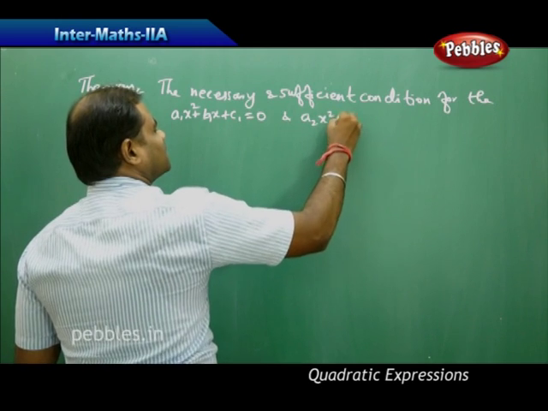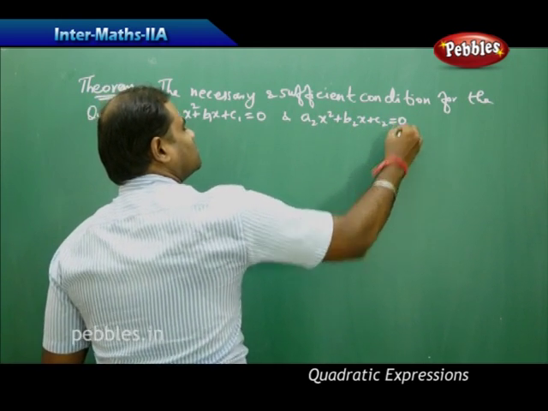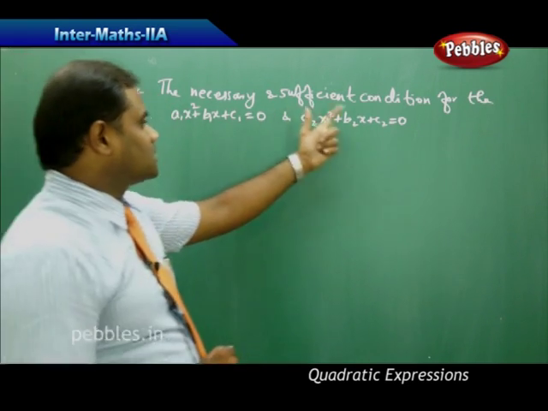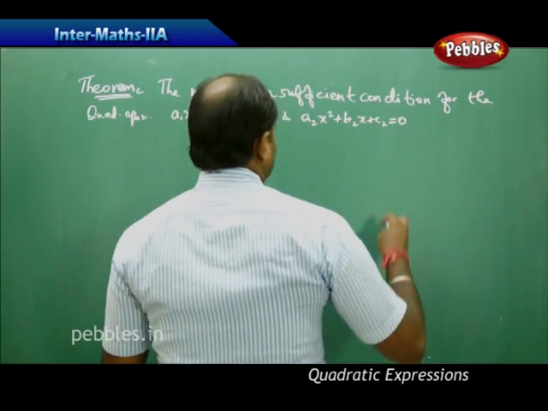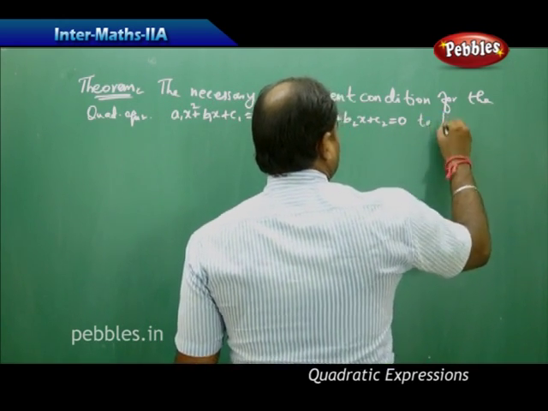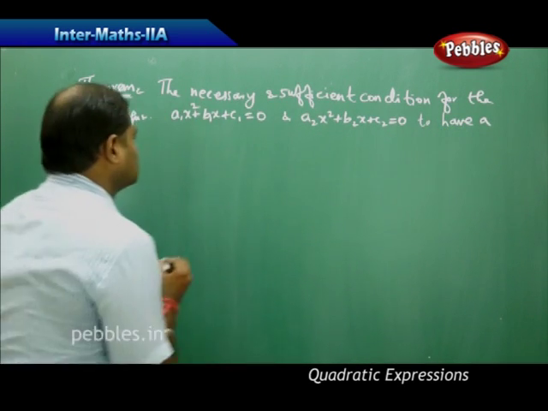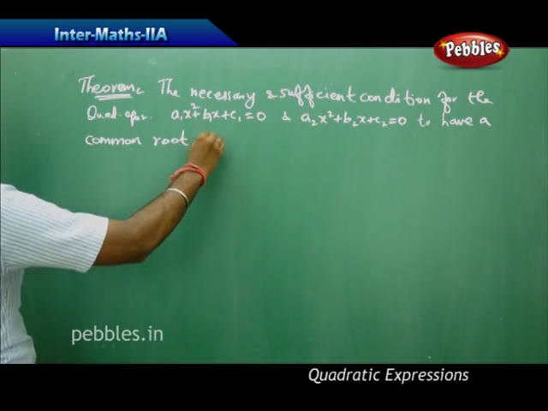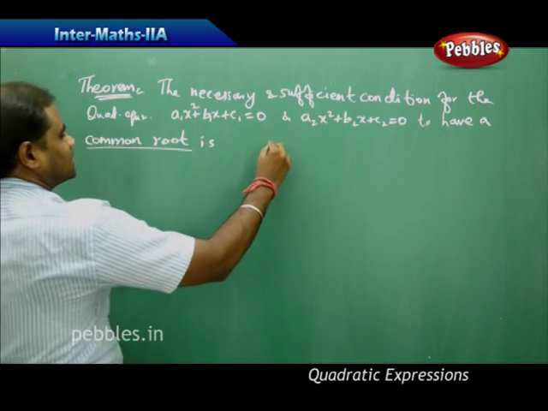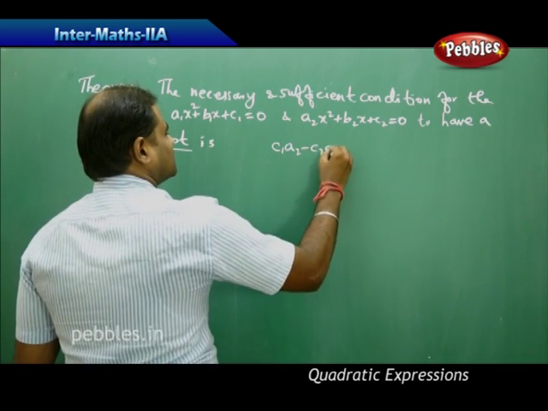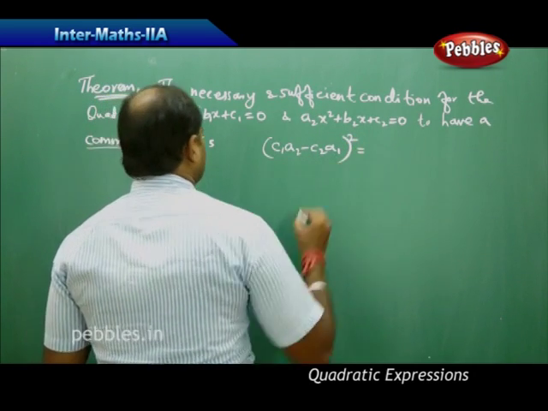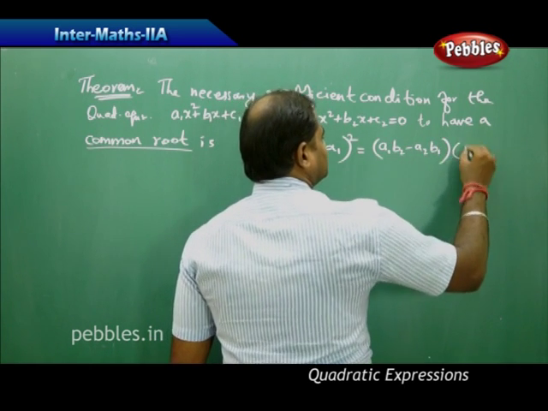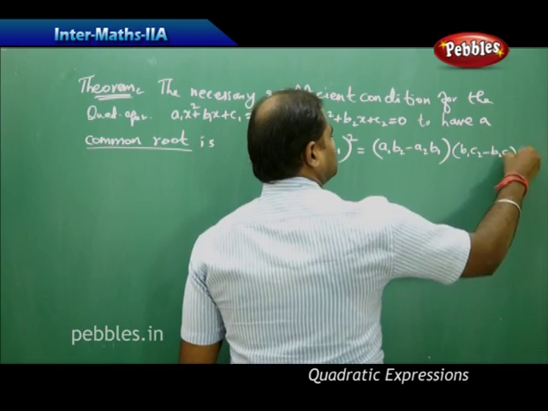and a2x squared plus b2x plus c2 equal to 0, which are the two quadratic equations I considered, to have a common root is that c1a2 minus c2a1 whole square equals a1b2 minus a2b1 times b1c2 minus b2c1.